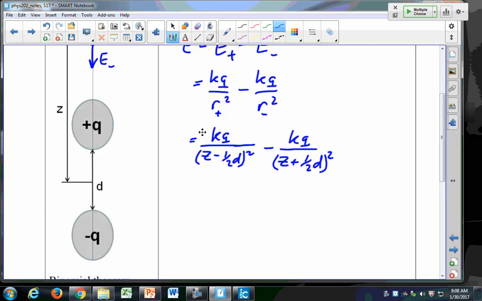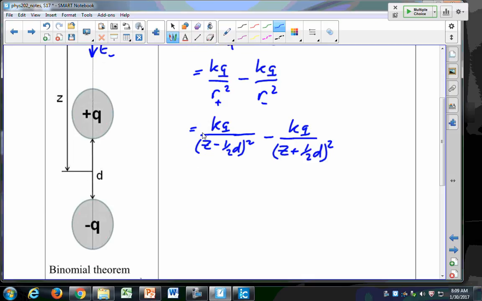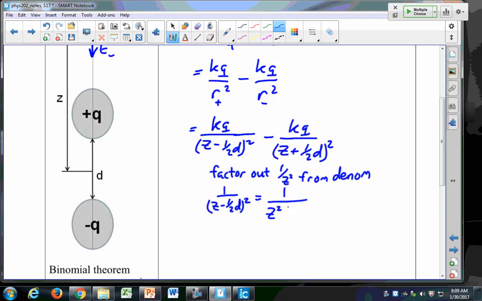I can factor out a 1 over Z squared from the denominator. This is a little tricky. It's going to look something like this. If I have 1 over (Z minus 1/2 D) squared, that's equivalent to 1 over Z squared times (1 plus D over 2Z) squared.